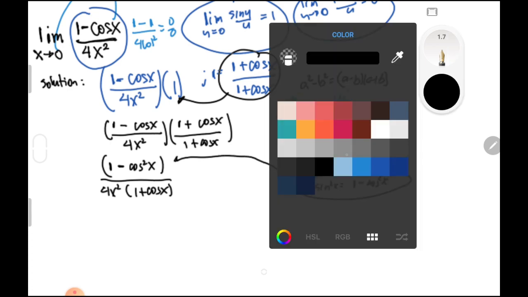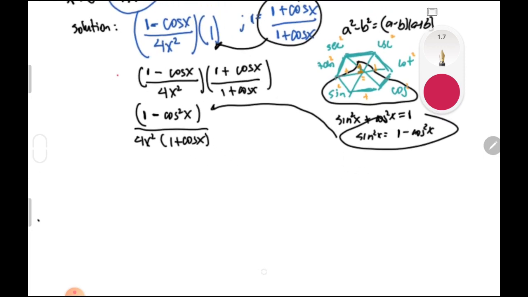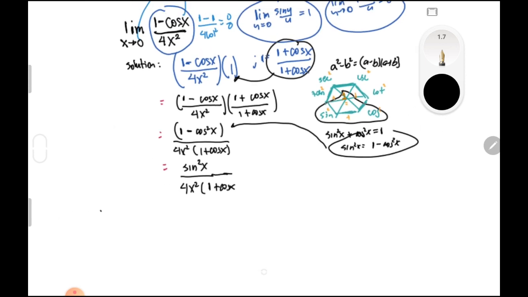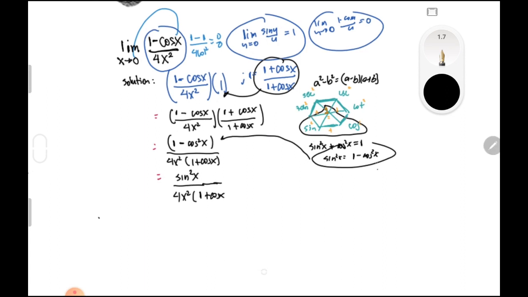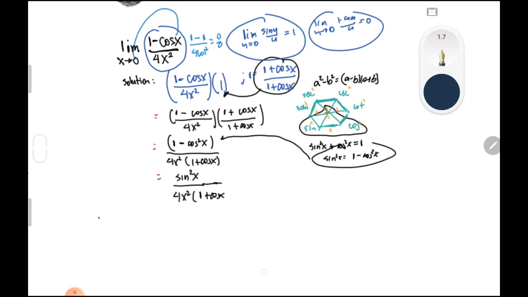So we have sine squared x divided by 4x squared multiplied by 1 plus cosine x. Upon knowing this, we can calculate it by using this theorem. That is your objective.